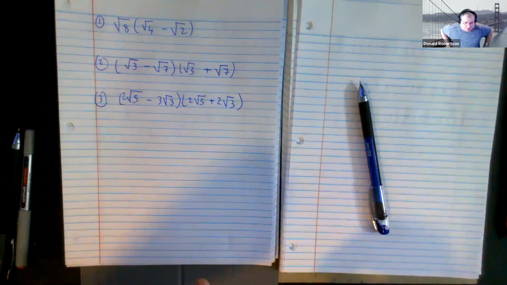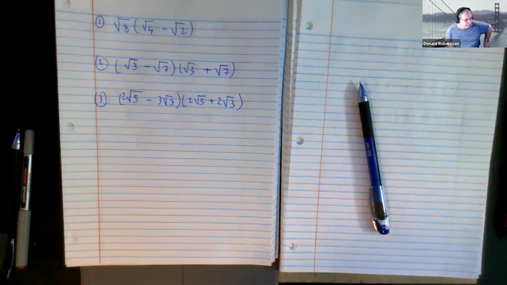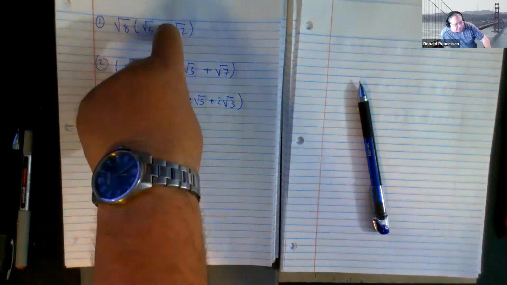Okay, you got 4 minutes. Go for it. See how many of those you can do. Top one's distributive. These other two are FOIL.